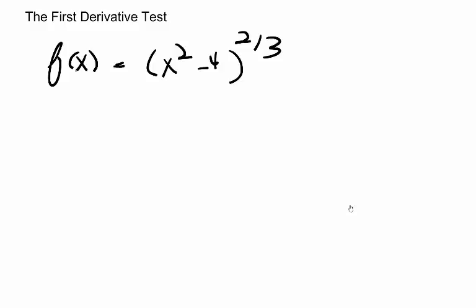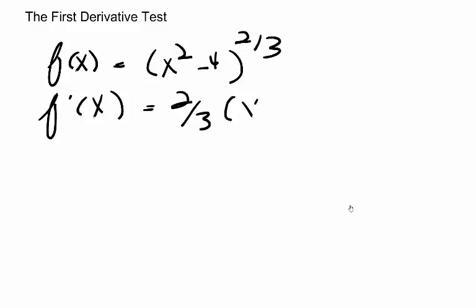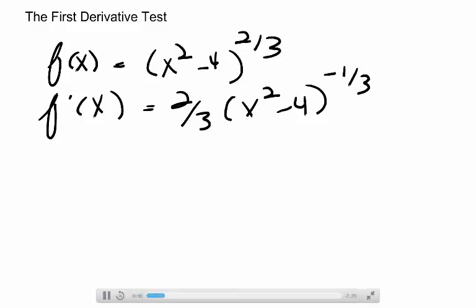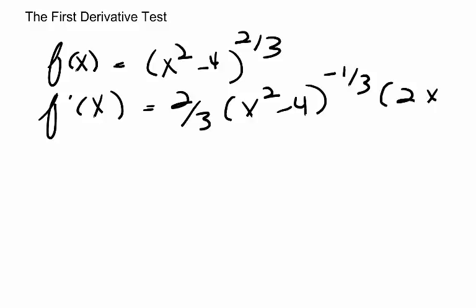and we'll find the first derivative, f prime of x, which is equal to 2/3 times (x squared minus 4) to the negative 1/3 times 2x, applying the power rule and chain rule here.